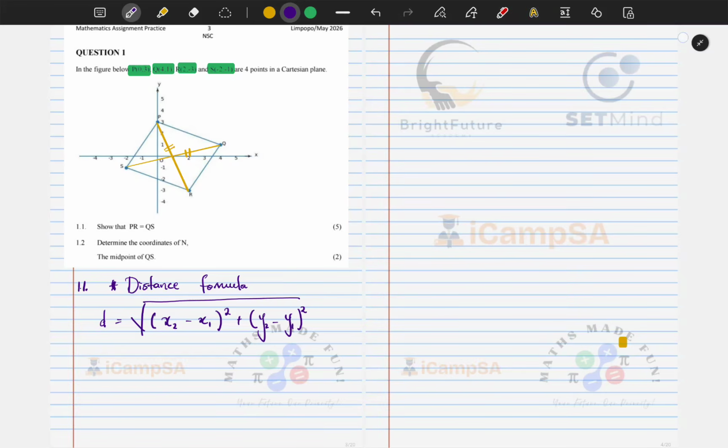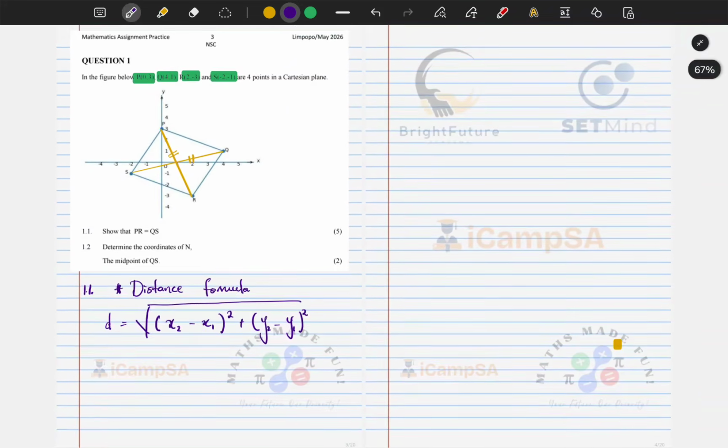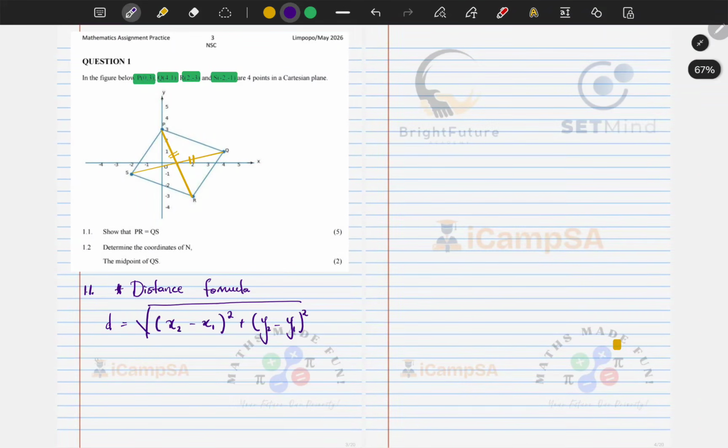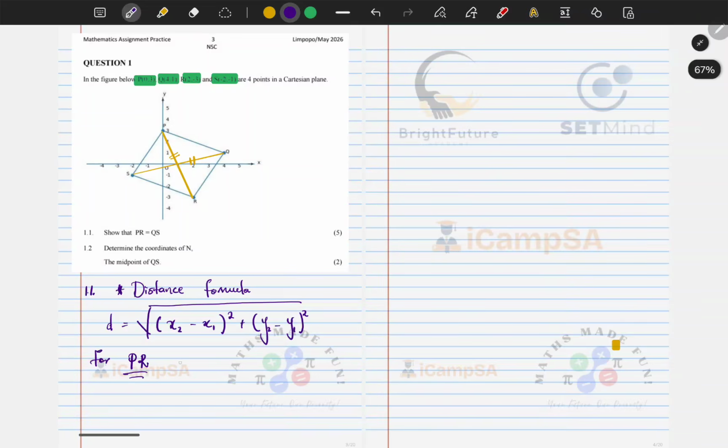So we are going to start by PR, right? So we can just write that for PR, this is what we're going to do. Remember, PR is going to be your P, and you have 0 and 3, and for R you have 2 and negative 3, right?